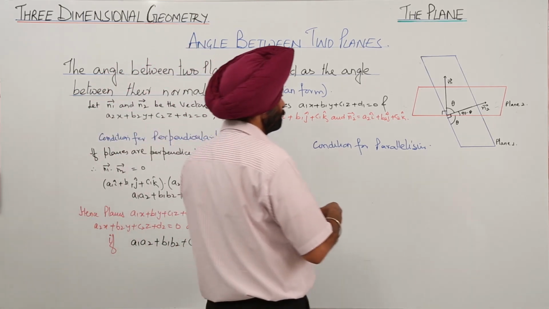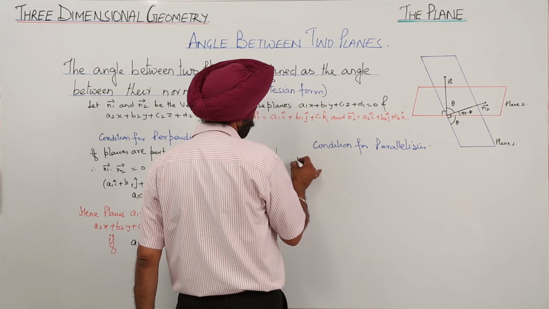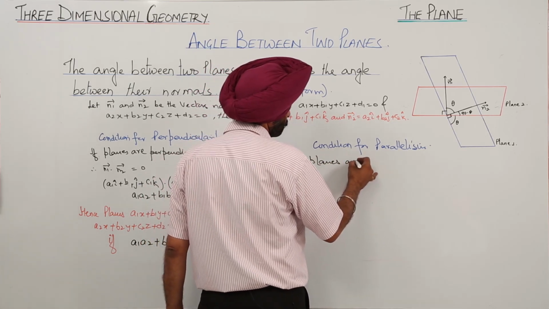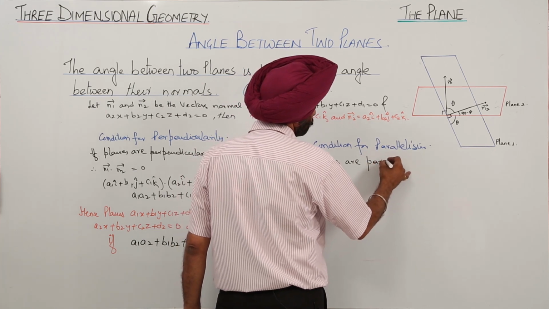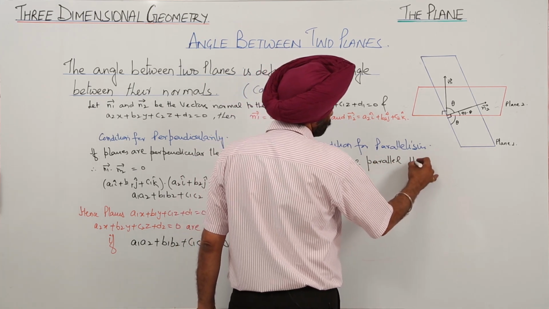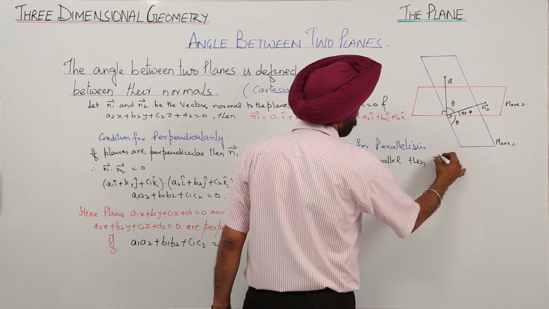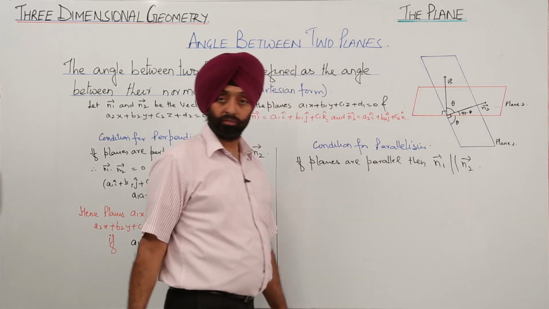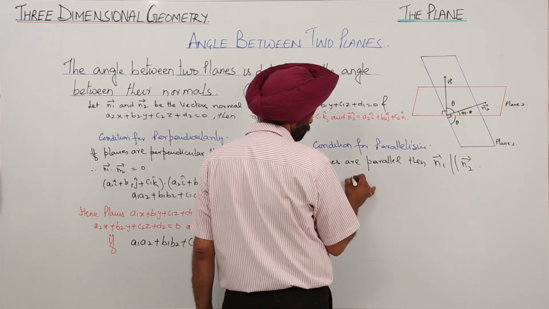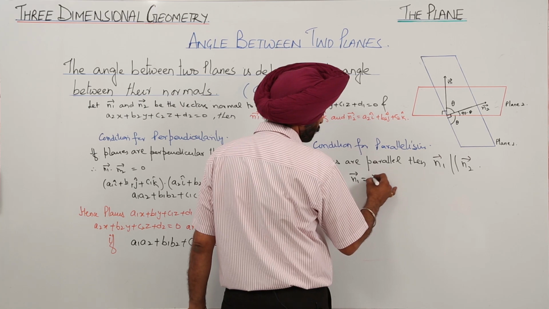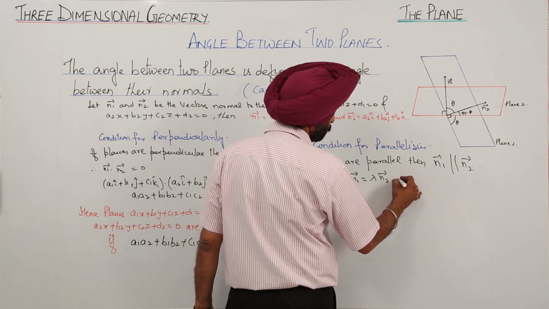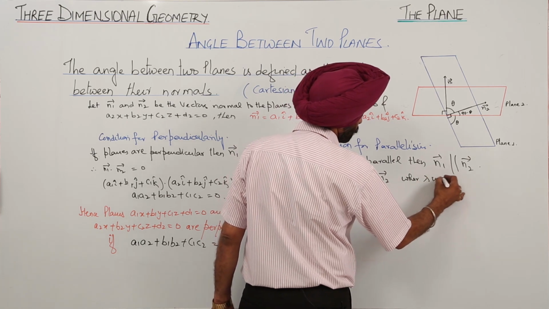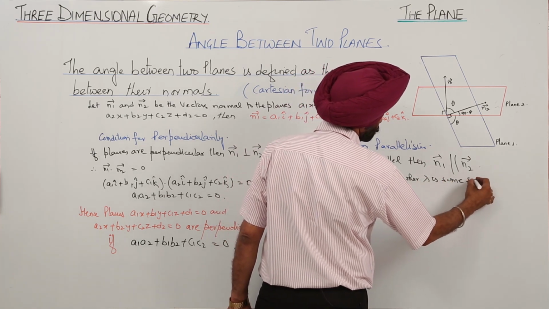Now if planes are parallel, then vector n1 is parallel to vector n2. Therefore, vector n1 is equal to lambda times vector n2, where lambda is some scalar.